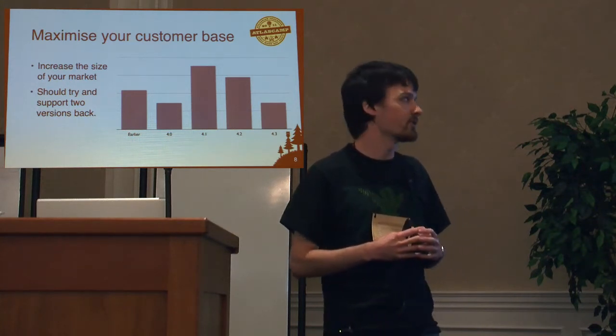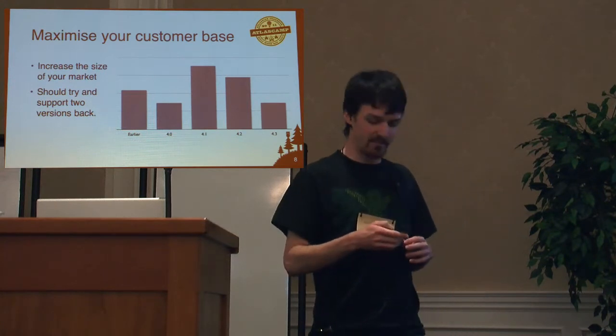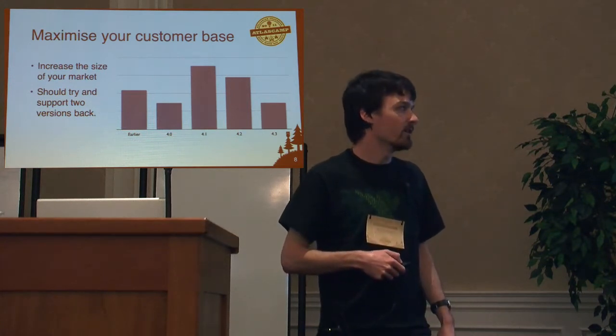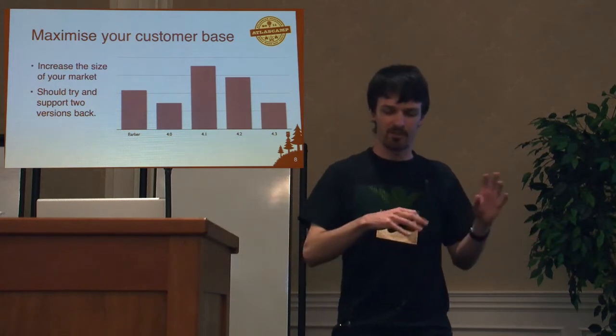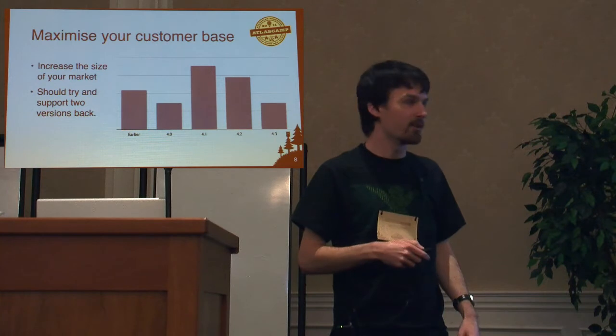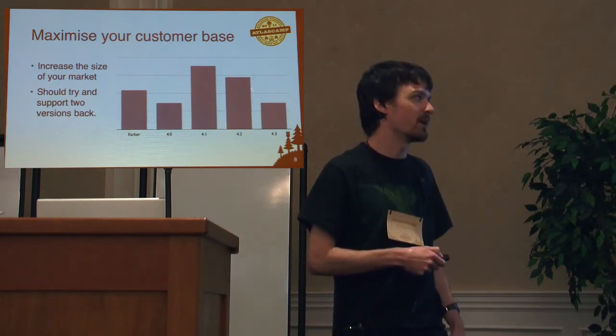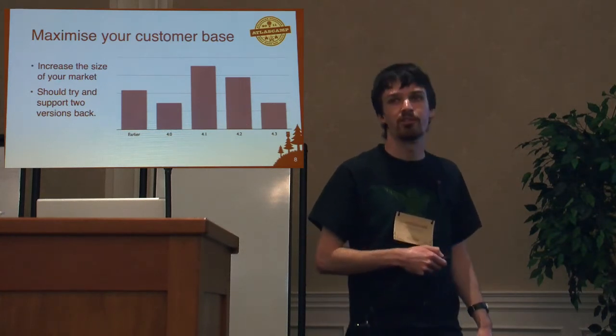So as a commercial developer, the main reason why you should be building a JIRA plugin that targets more than one JIRA version is to maximize your customer base. So as you can see here, I've got some slightly old data from just a little bit after JIRA 4.3 was released, when we did a customer survey. As you can see, there was a number of early adopters who jumped onto JIRA 4.3. However, there's still actually twice as many people on JIRA 4.2 and even more on JIRA 4.1.